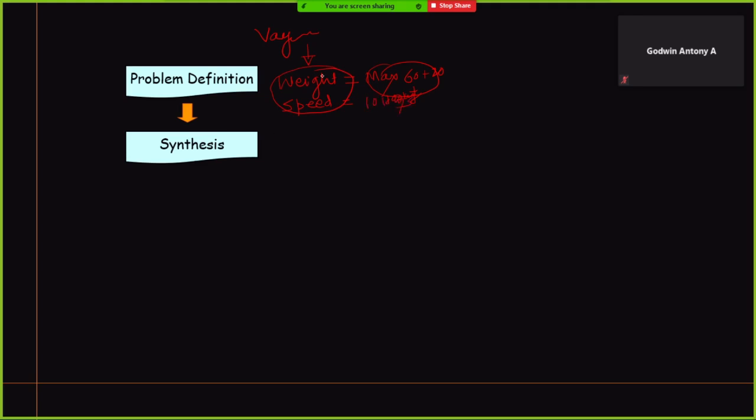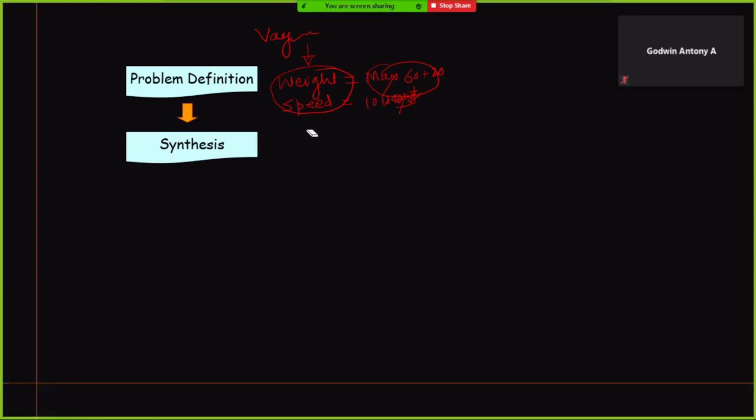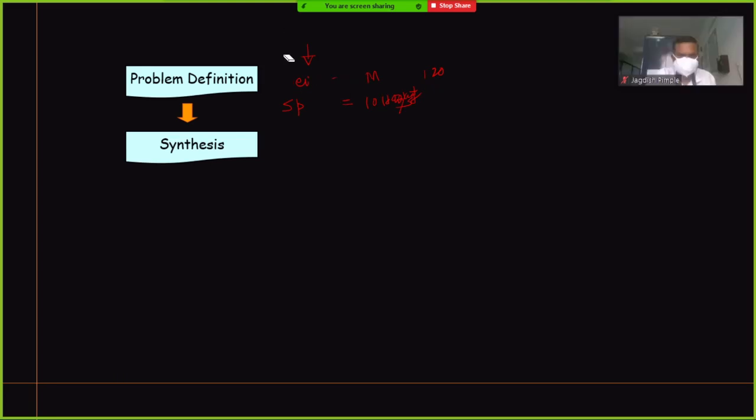So this is the way: once we define weight and speed as parameters, then we look at the different options available to us. Different options in the sense that we may be looking for a kind of mechanism. What kind of mechanism do you want to use? We can go for different types of mechanisms, like a belt drive, a chain drive, and many other types of mechanism.